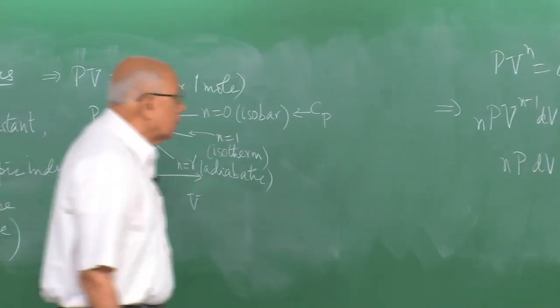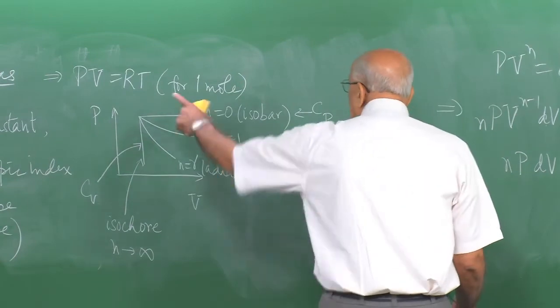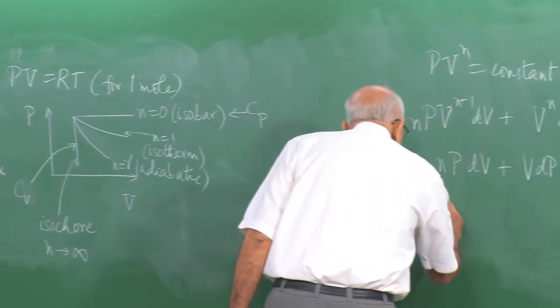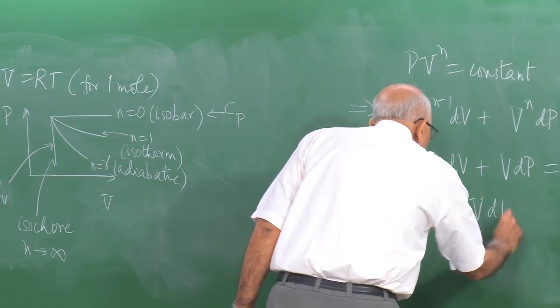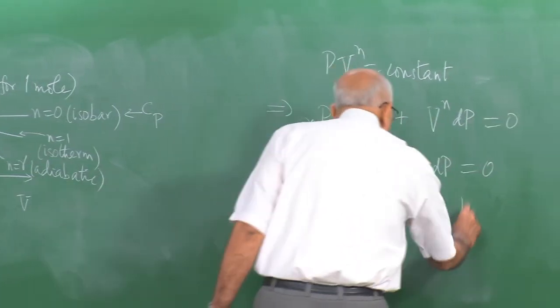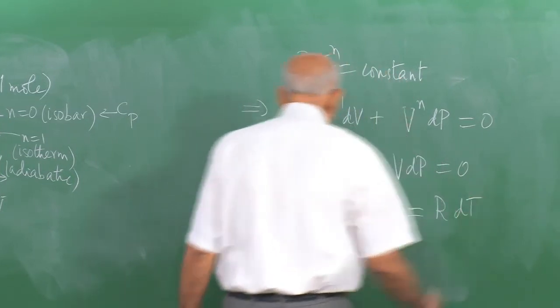Okay. But we also know that Pv is RT, so we know that P dV plus v dP, this quantity, is equal to R dT in general by differentiating this equation here.